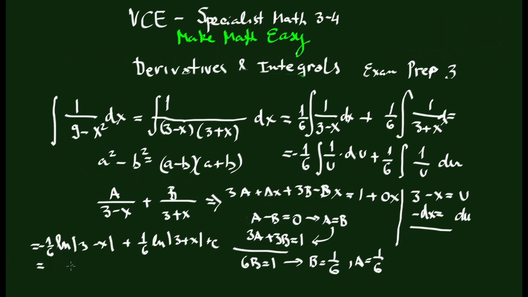And knowing the logarithms, we have an absolute value of 3 plus x divided by 3 minus x.